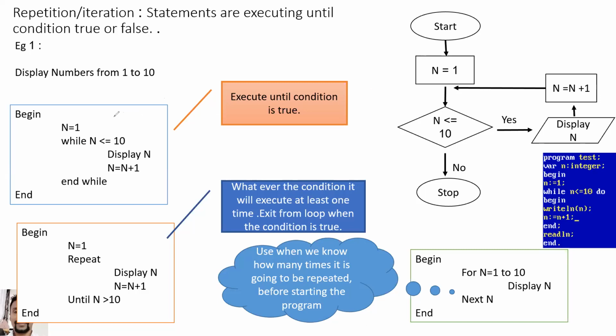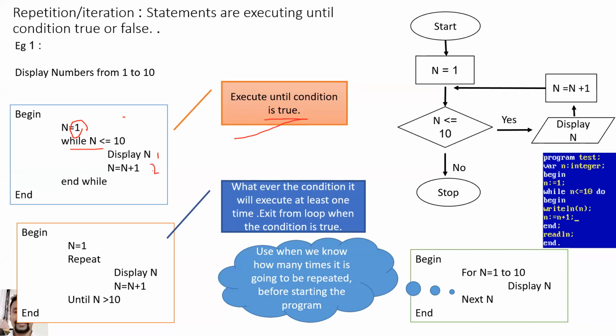Now look here. This while loop executes until the condition is false; this is the thing you have to understand. The while loop works when the condition is true. So n equal 1, and 1 is less than or equal 10, so that condition is true. Then it comes inside, displays n, that is 1, then n becomes 2.